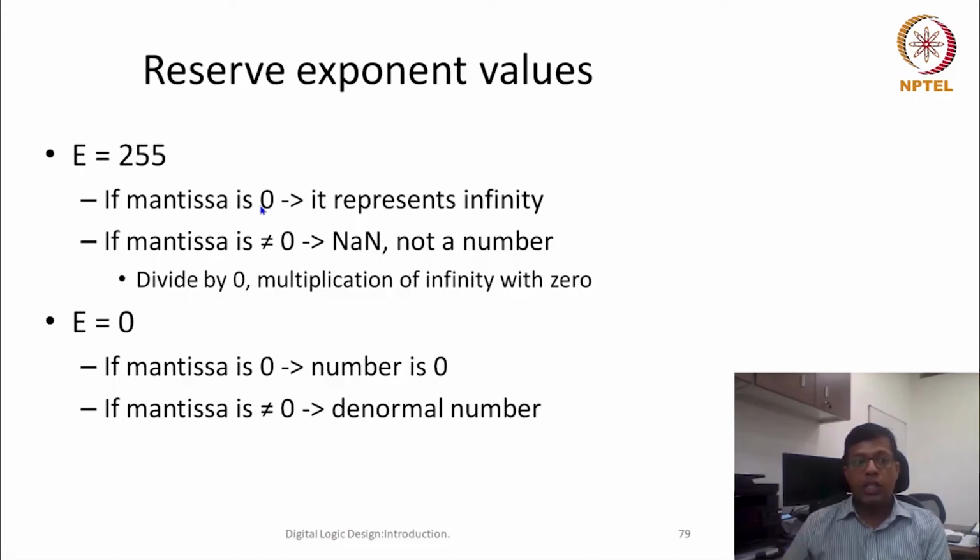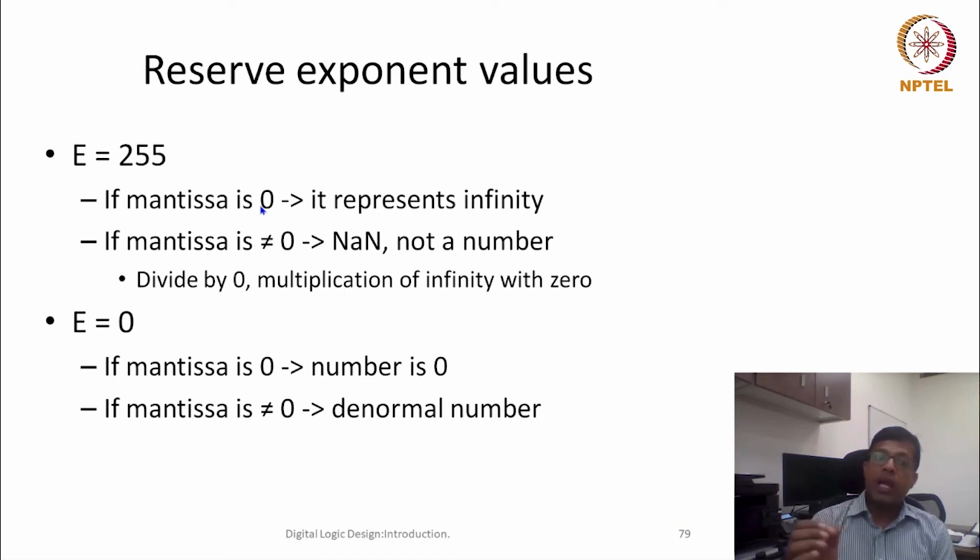But let us say the other case, 0 by 0. So 0 by 0 is undefined because your numerator is also smaller than 10 to the power minus 38, your denominator is also smaller than 10 to the power minus 38. You don't know what would be the output of this division.